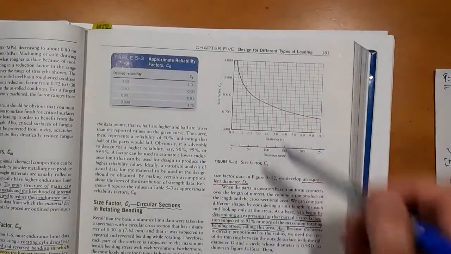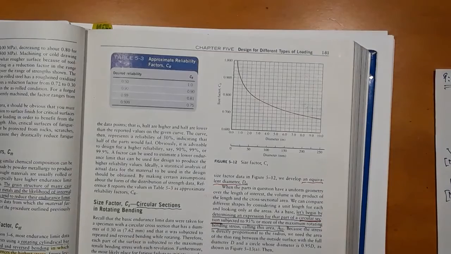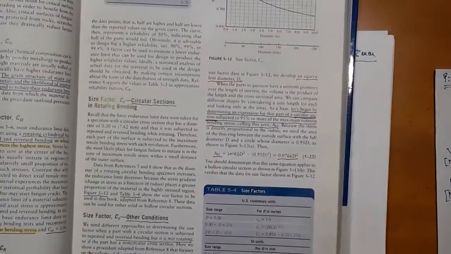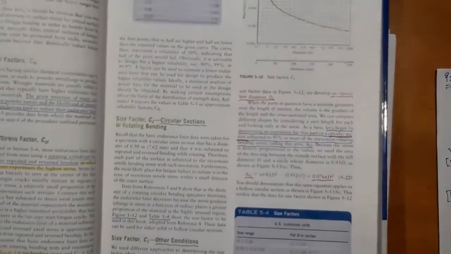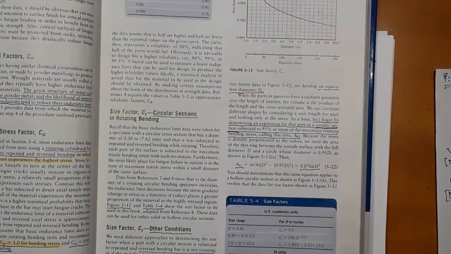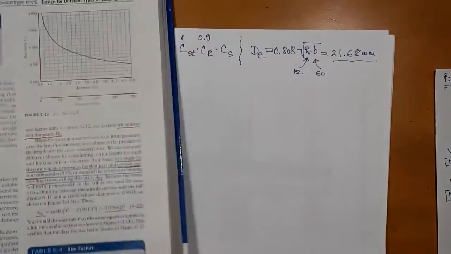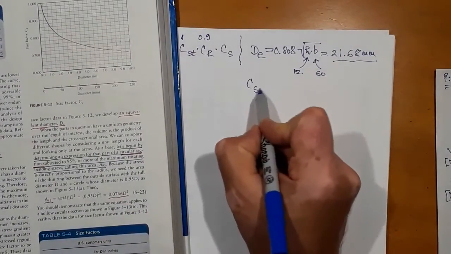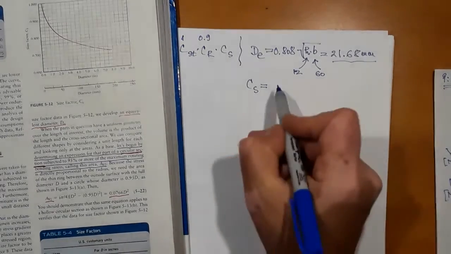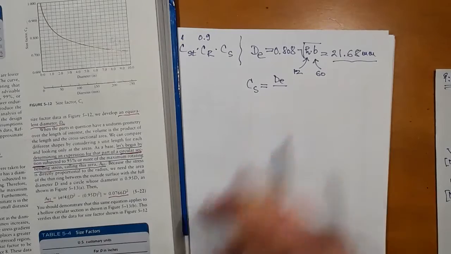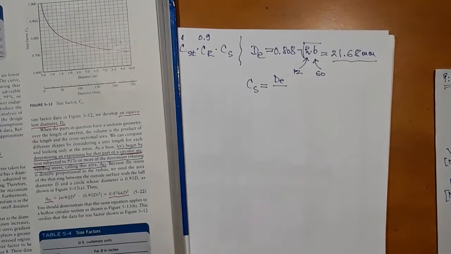We can use this graph, or we can use table 5.4. Let's use table 5.4. So the equivalent diameter is between 7.62 and 50, and so CS is going to be equivalent diameter. The equation just uses D, but ours is equivalent.